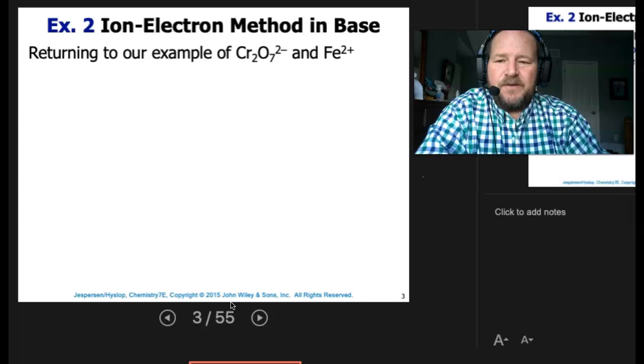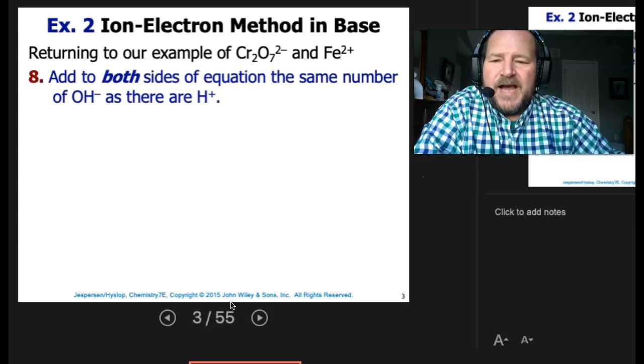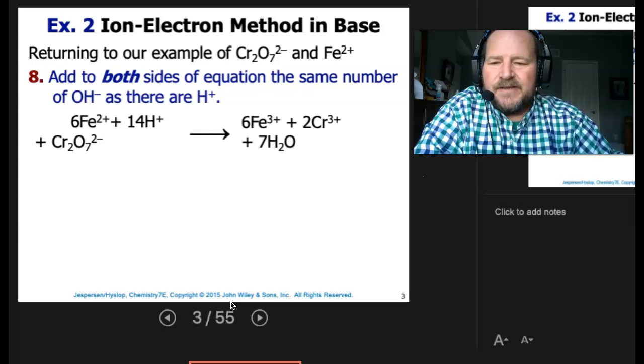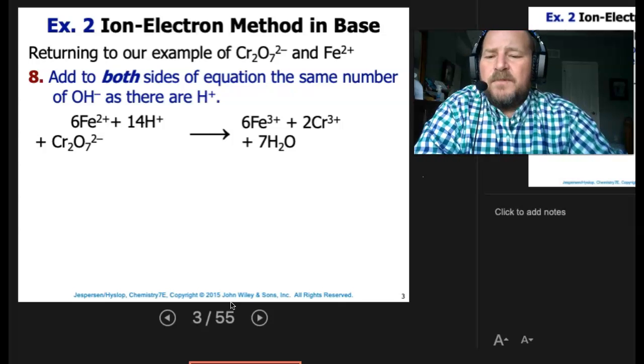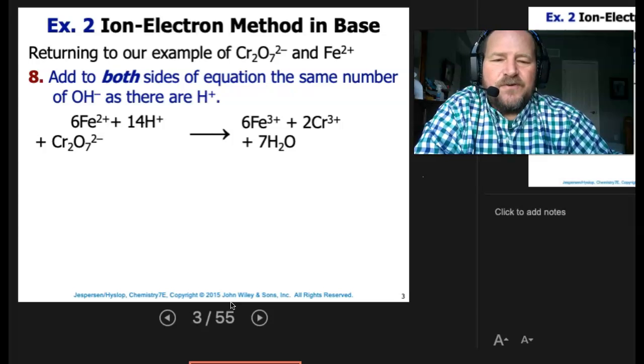So if we look at our previous reaction, where we were looking at the dichromate and the Fe2 plus, if you recall, here's the reaction. We had 6 Fe2 plus, 14 H plus, and the dichromate going to 6 Fe3 plus, 2 chromium 3 pluses, and 7 waters.